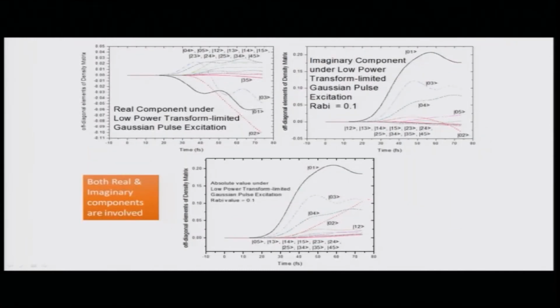So, there has been some work in looking at all the components, both real and imaginary, as it undergoes these changes, so as to understand how the coherence flows in these kinds of interactions and how the energy localization may be looked at as a function of the applied field.